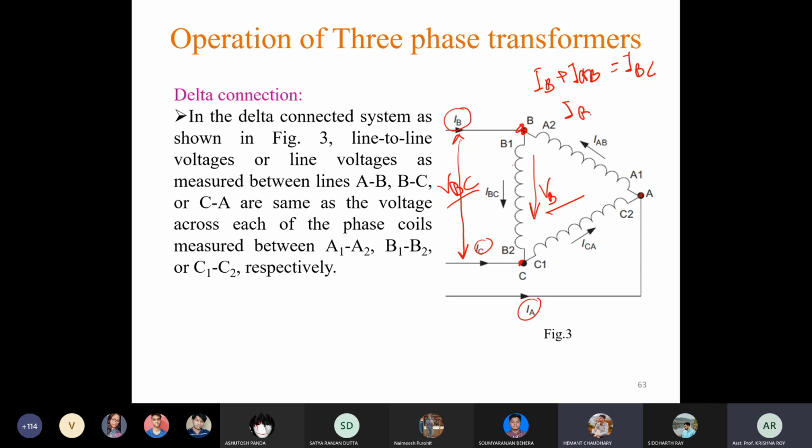So IB, that is the line current, equals IBC minus IAB. All are phasors. So that means any line current is equal to the phasor sum of these two currents. So you have to determine the resultant by drawing the negative of IAB, as we have done in calculating the line voltage for star connection. Same calculation. Okay.